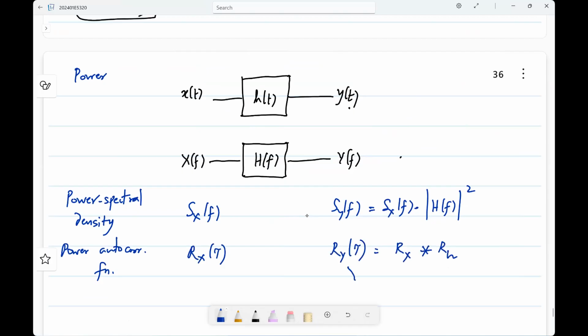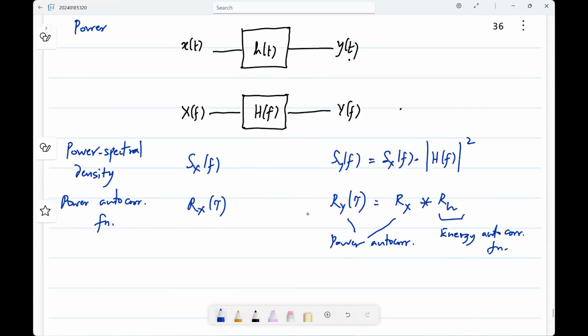But it's important to keep in mind that these are power autocorrelation functions, and this is the energy autocorrelation function. Okay. So basically, for calculation, this is all we need to know. But it's good to have some background where these definitions come from, what power spectral density means, and so on.